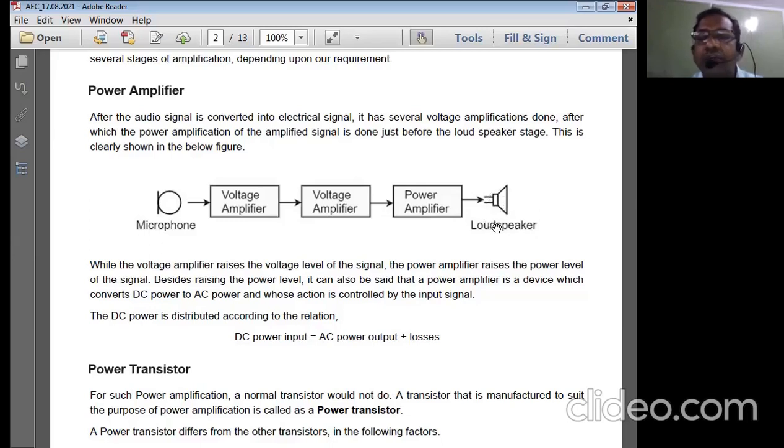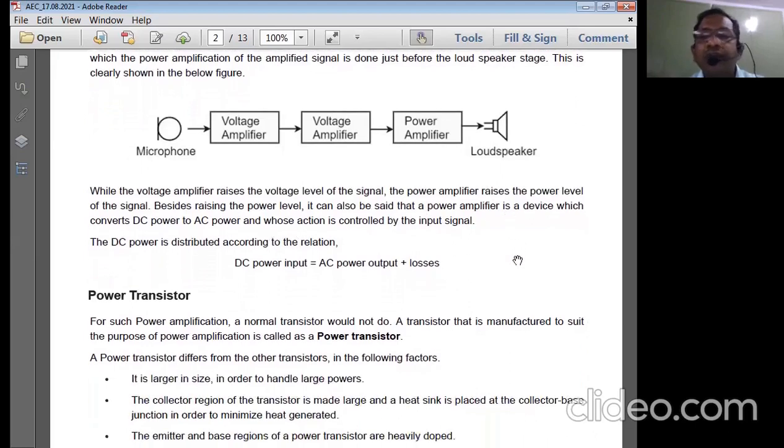The loudspeaker input resistance is always low, a maximum of say 25 ohms. Therefore, we use transformer coupling at the output of the power amplifier circuit. So this is the block diagram of the basic power amplifier. A power amplifier is normally used to increase the power level of the input signal.